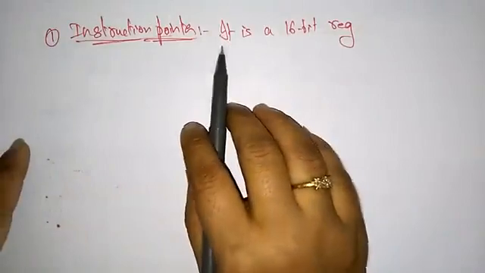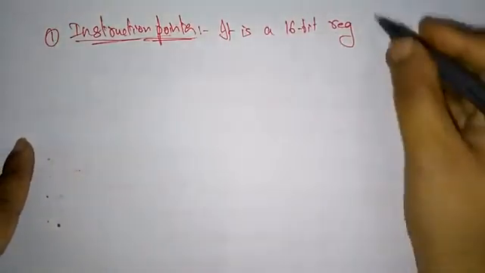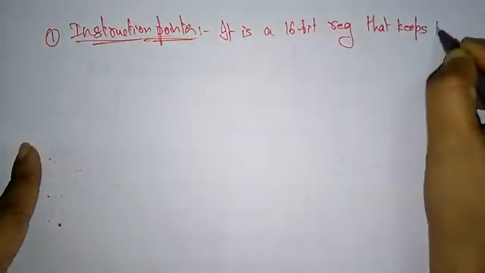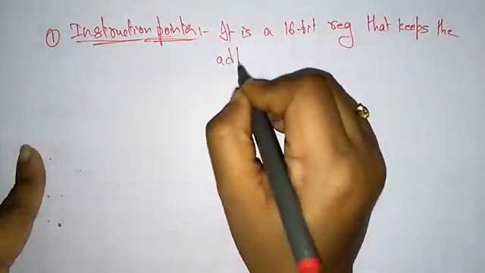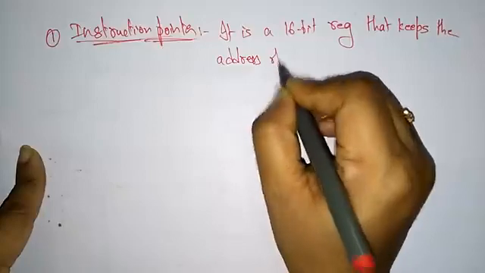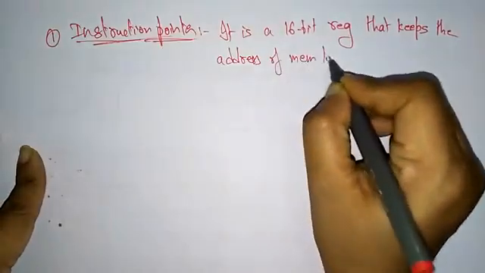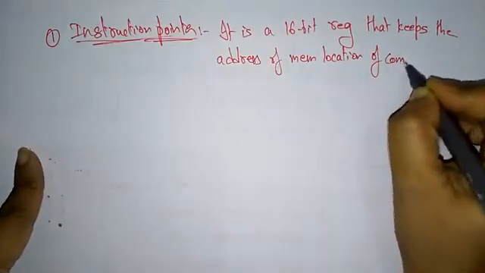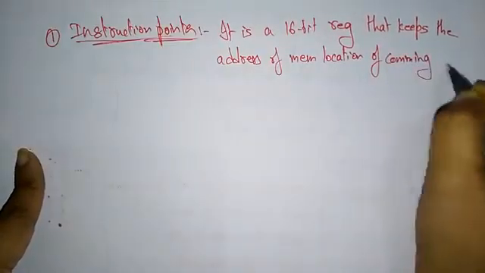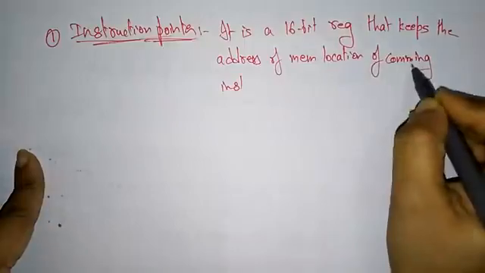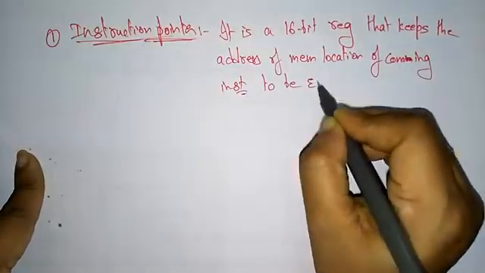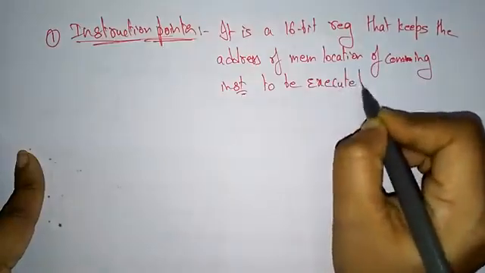So the instruction pointer is a 16-bit register that keeps the address of the memory location of the coming instruction to be executed. That is the role of this instruction pointer.